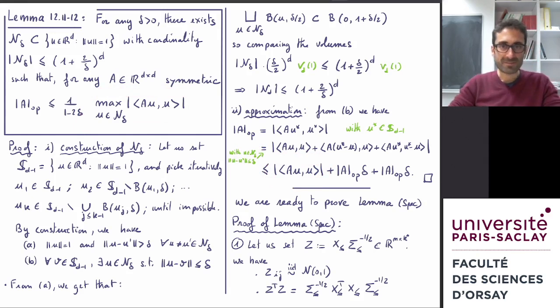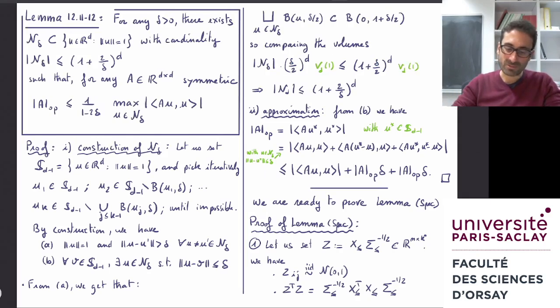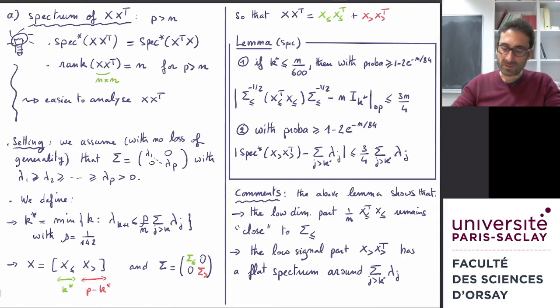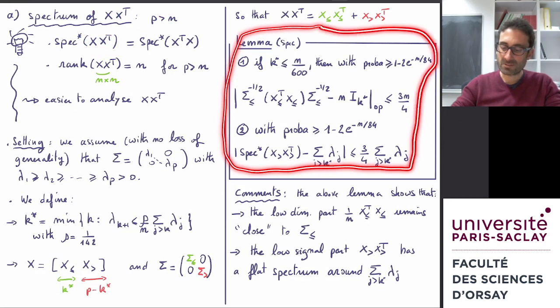All right, so I hope that you have caught the main arguments. Maybe you are a little bit lost, so let me come back to what we are doing. What we want is to understand the spectrum of X transpose X, and we want to prove this lemma, which tells us how these spectrums behave.